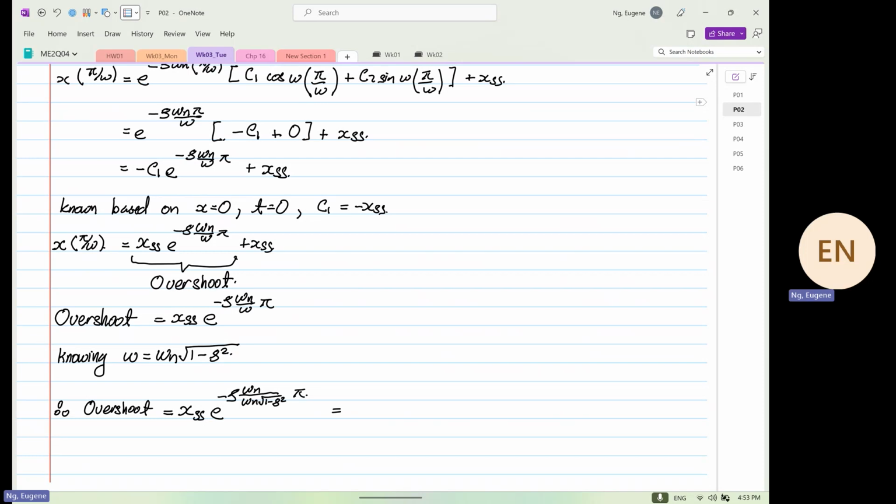So the final form of the equation is XSS exponential of minus zeta pi divided by square root of 1 minus zeta squared.